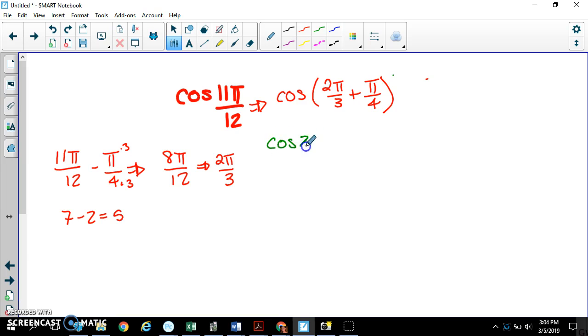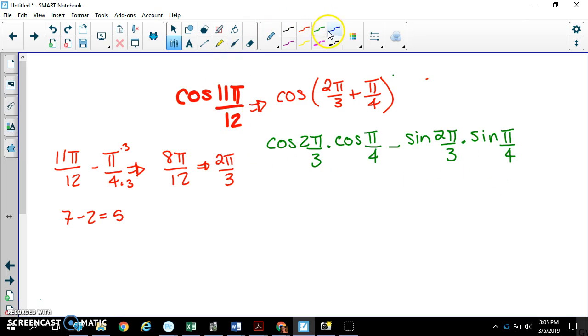So I've got cosine 2 pi over 3 times cosine pi over 4 minus sine 2 pi over 3 times, not cosine, sine pi over 4. Okay, so you've got all of that.